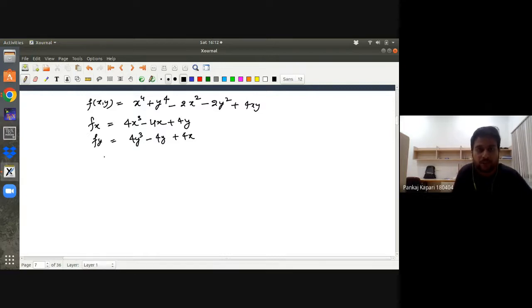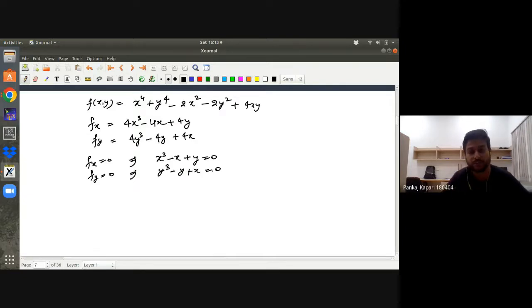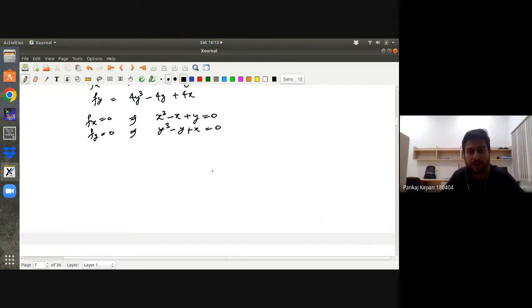Okay, so fx equal to 0 implies that x cubed minus x plus y becomes 0. fy equal to 0 implies that y cubed minus y plus x becomes 0. Now we have to solve these two equations to get the values of x and y, at what point these will become 0. Let's call these first and second.